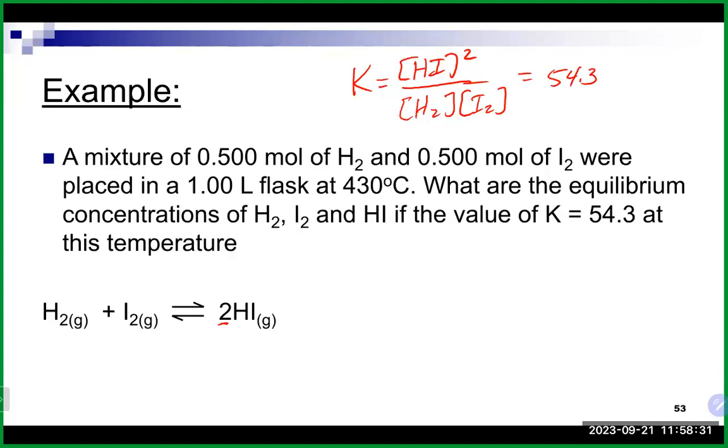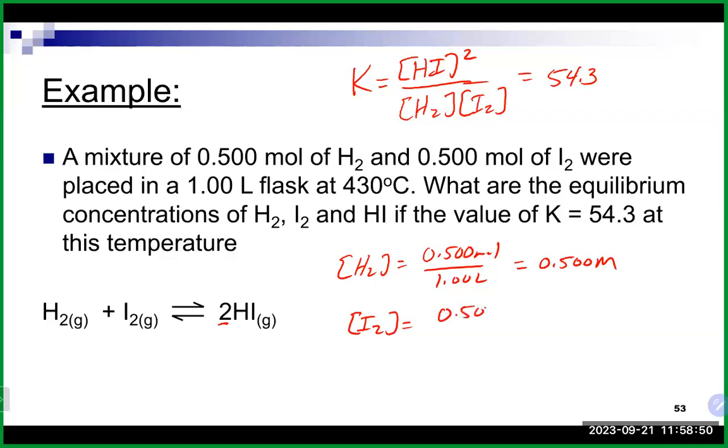They were given to us in moles and liters, so we can get the concentrations of our H2, which would be 0.5 moles divided by 1 liter, which means it's basically going to be the same number here. And the same thing here for our I2, which would be 0.5 moles divided by 1 liter.